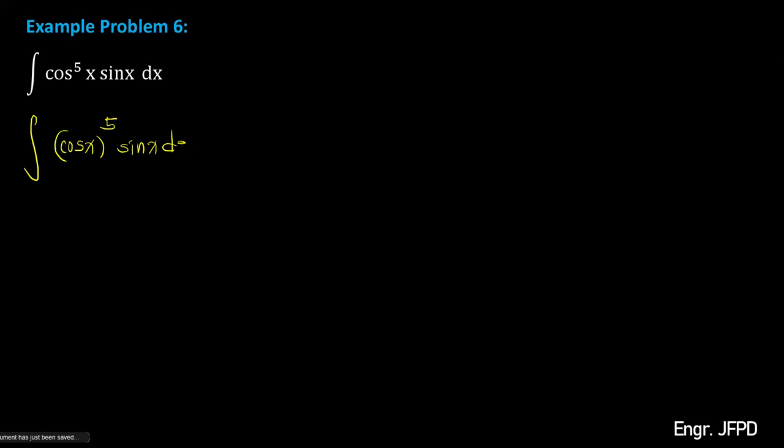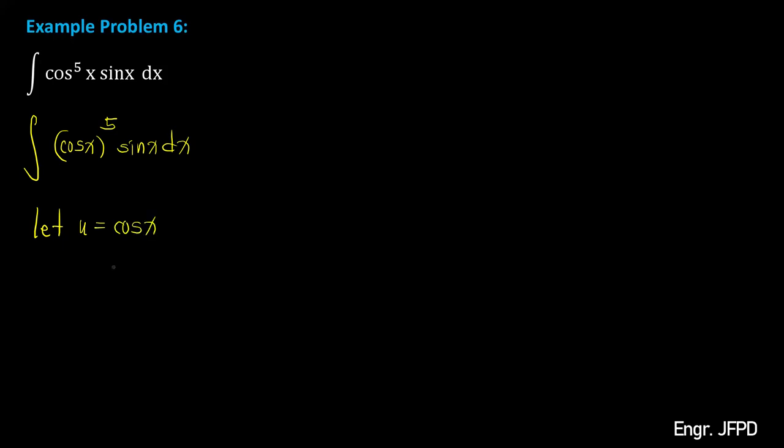And as we observe on this given, we have a function that has a power or exponent, and by that, it is a hint that we can apply the change of variable leading to a power formula. Now, let's try to let u be the cosine of x.